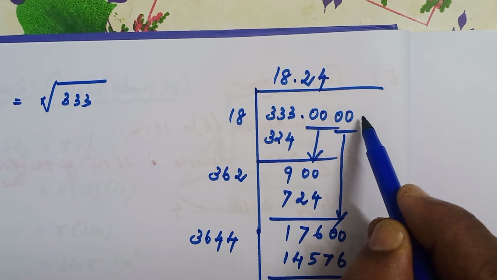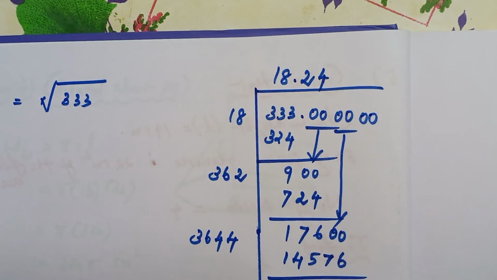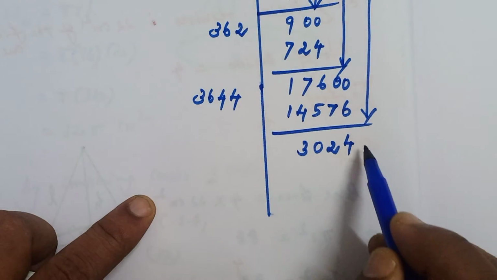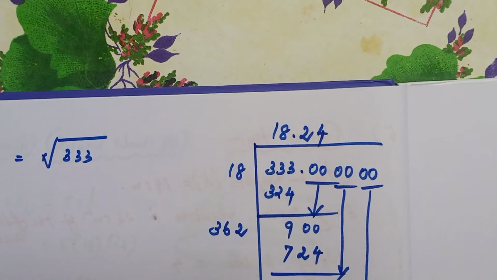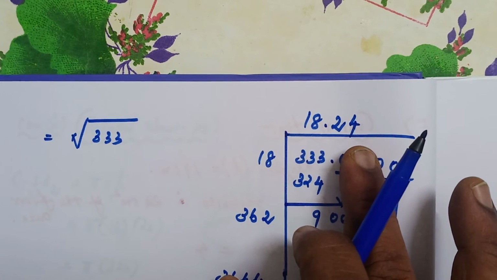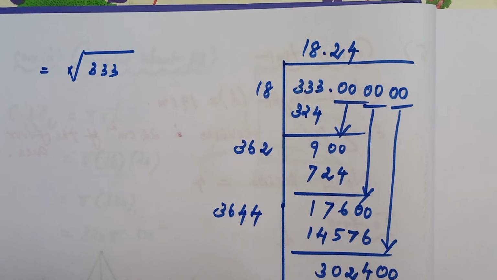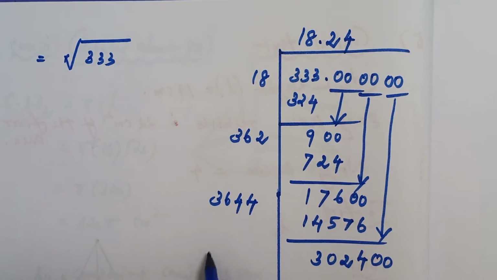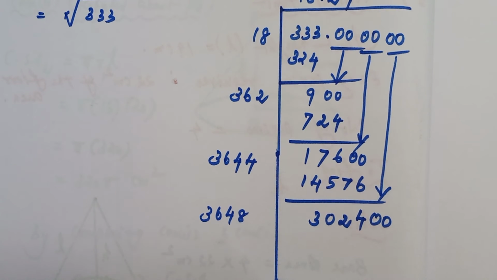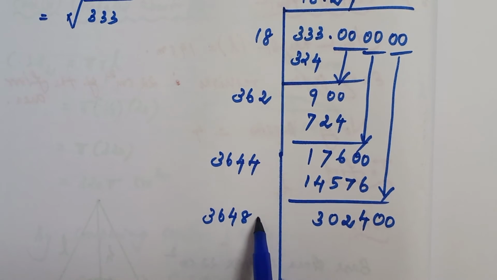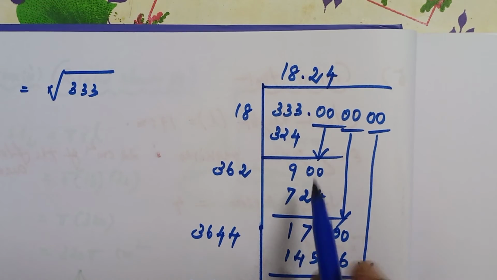Now for getting the book answer, I take 2 more zeros. You have to bring down 2 more zeros. Now this is 1824. 1824 should be multiplied by 2. If you multiply it by 2, we'll be getting 3648. So how many times? We can go up to 8 times. Here 8, here also 8.